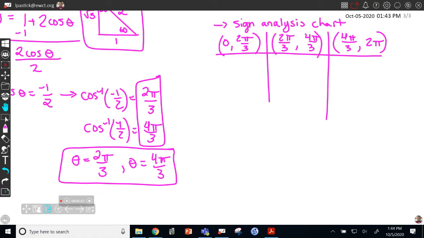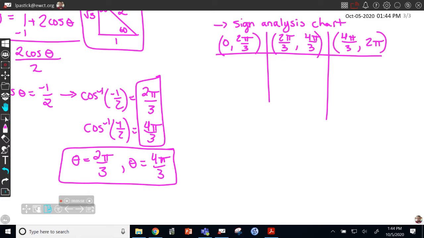The first one goes 0 to 2 pi over 3, then 2 pi over 3 to 4 pi over 3, and the last one goes 4 pi over 3 to 2 pi. So there's always going to be one more subinterval than there are zeros of the derivative, zeros meaning answers to the equation when the derivative was set equal to 0.